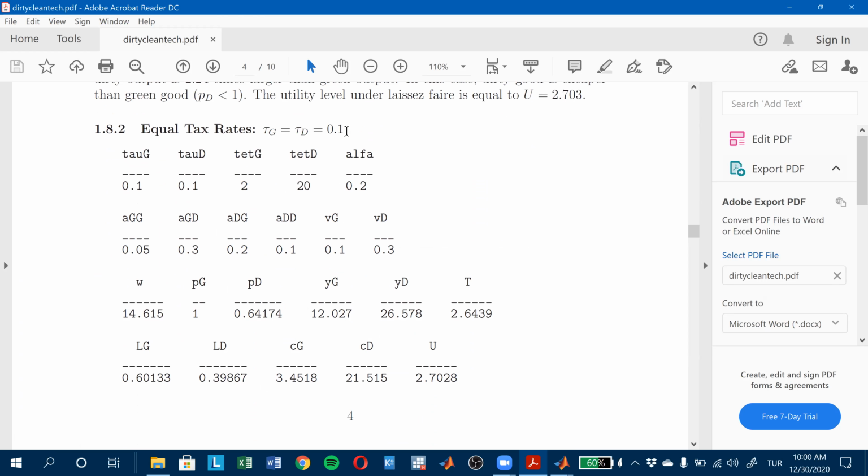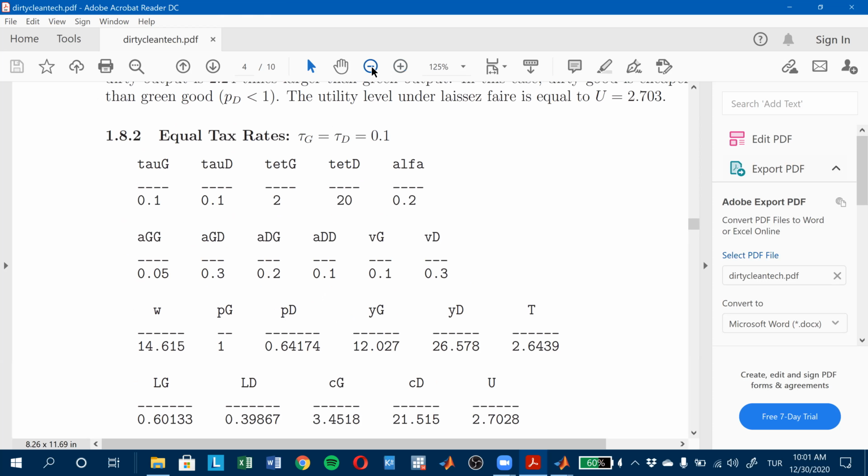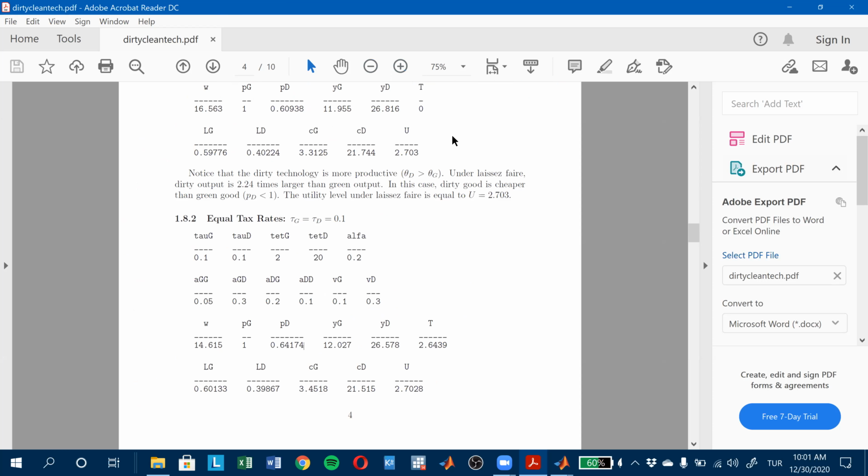The tax rate is equal and everything is the same. Every other single thing is basically as before. Now I see an increase in the price of the dirty good, okay? And a slight decrease in the output of the dirty good and a slight increase in the output of the green good, okay?